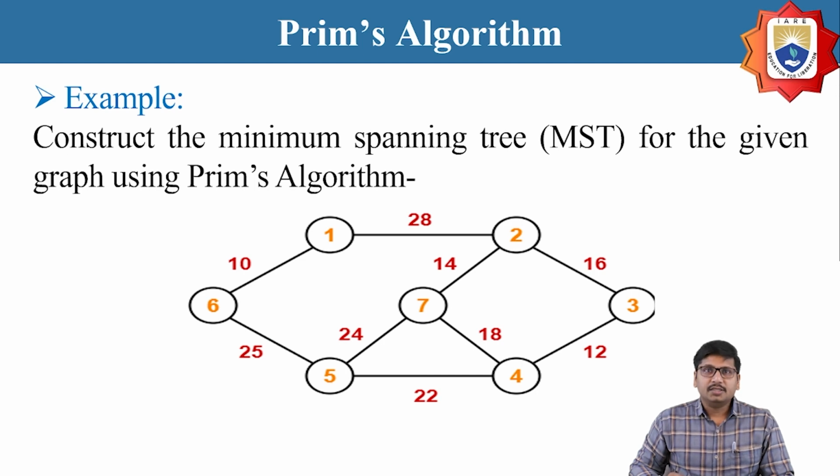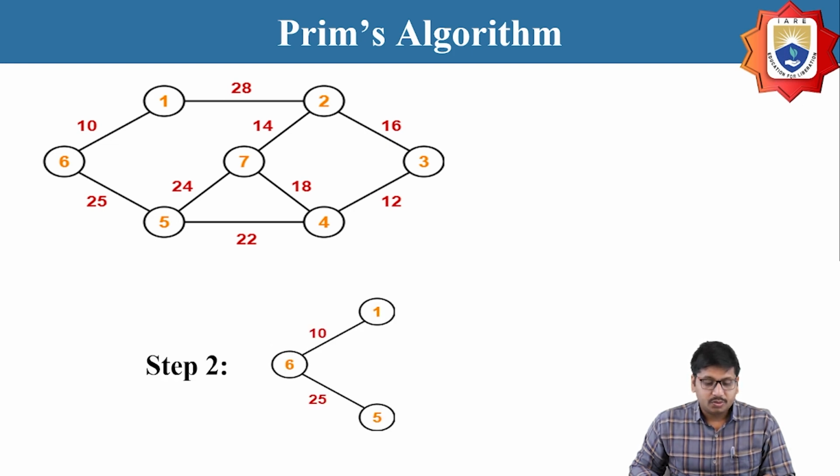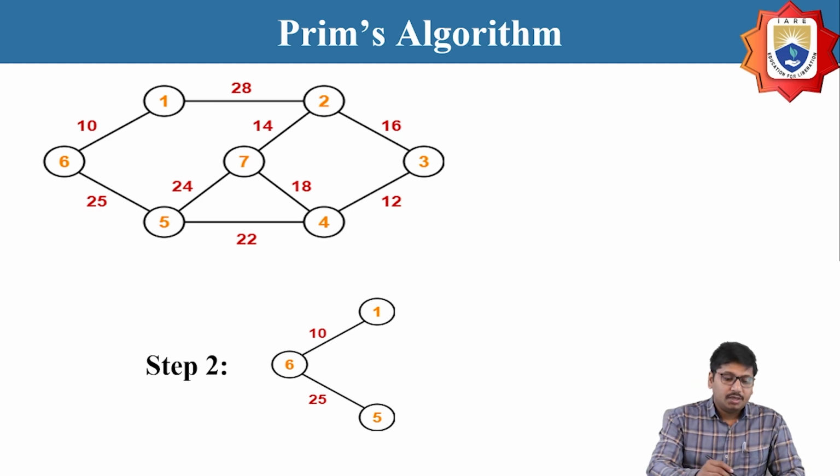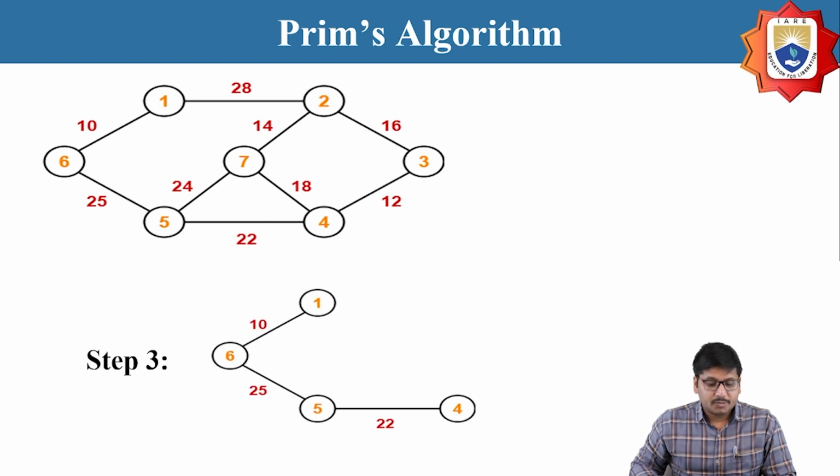So let us consider an example like this. Consider a minimum spanning tree for the graph. In this one, initially I have to construct an edge of minimum weight. So 6 and 1. And next one is for 10 and 25. So 25 is going to be inserted. And from this, what is the next move?